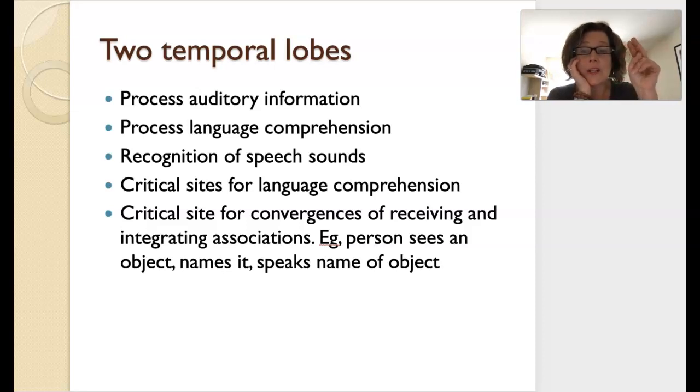These two lobes are the critical sites for language comprehension, and they're critical sites for convergences of receiving and integrating associations. So, for example, a person sees an object, names it, speaks the name of the object. So these lobes are super important, particularly these two temporal lobes, in language development.